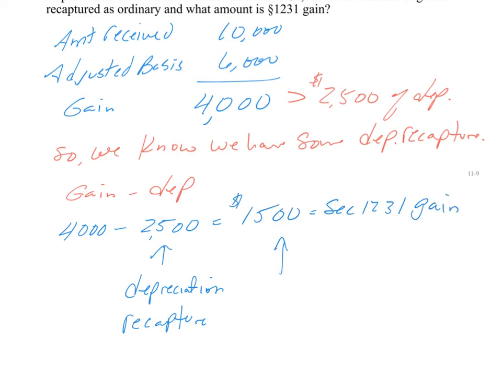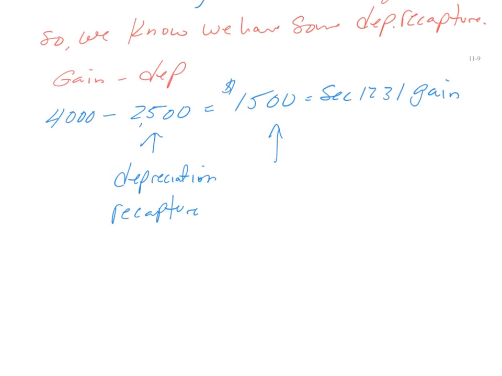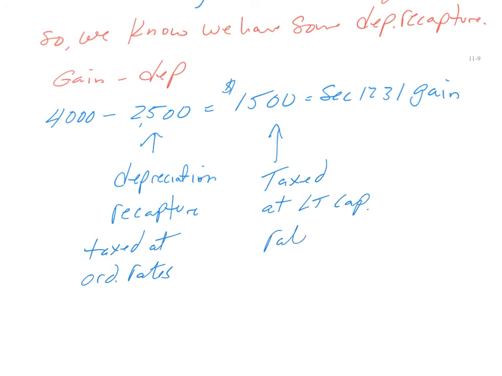And this is taxed at ordinary rates, and this is taxed at long-term capital rates. Okay?